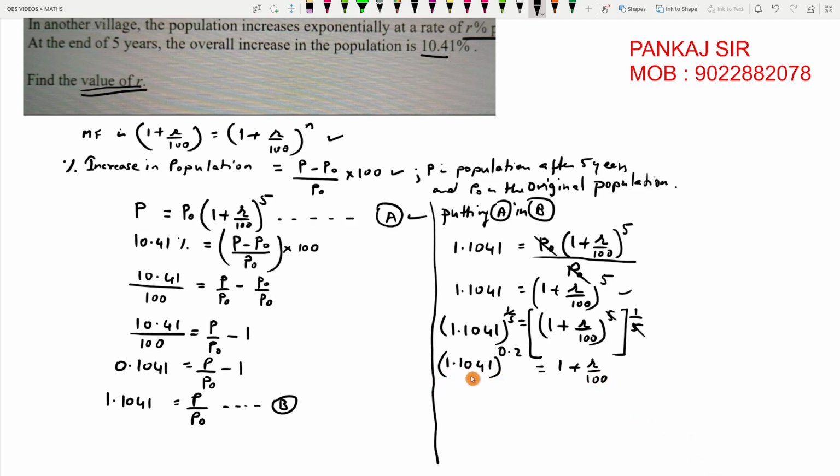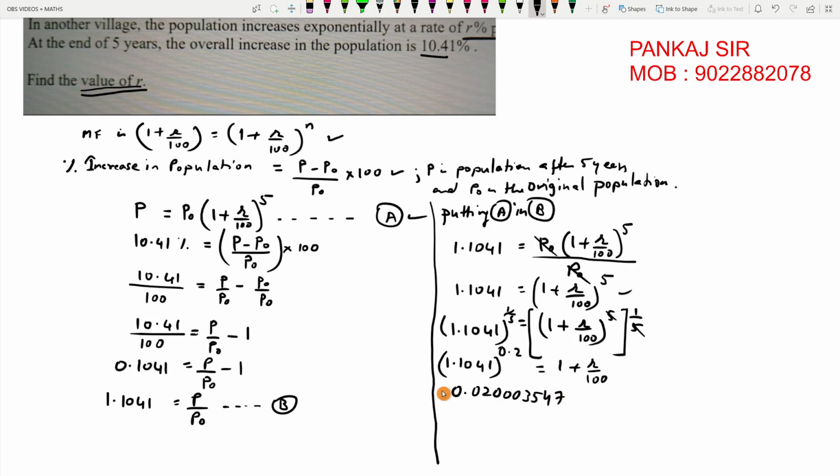Now let us work out this 1.1041 raised to 0.2. 1.1041 raised to 0.2 is giving me the answer as 1.02 and something like 0.0354447.